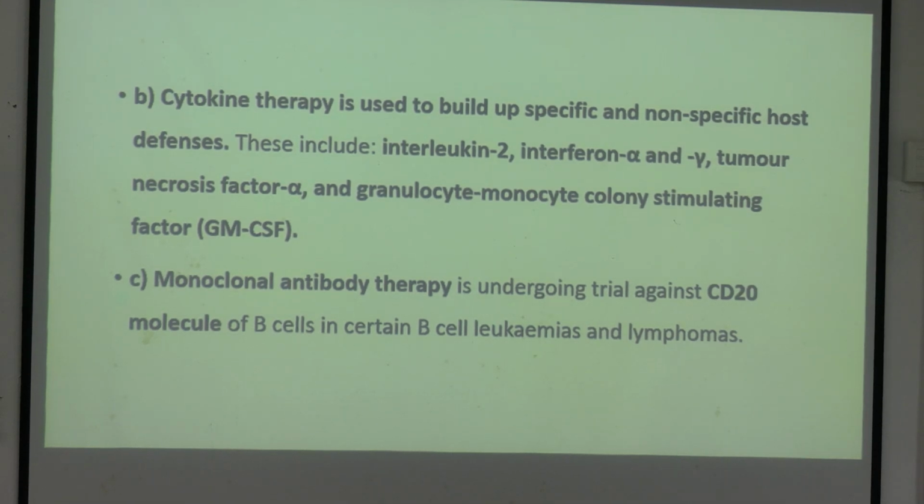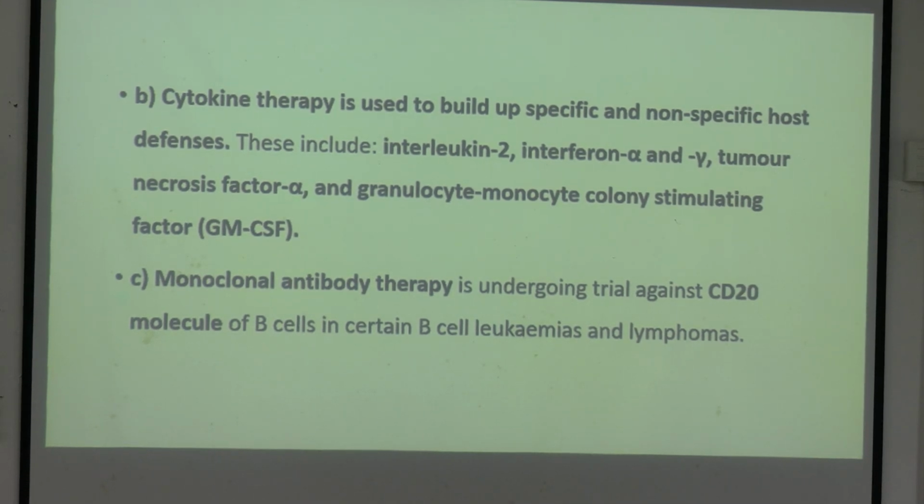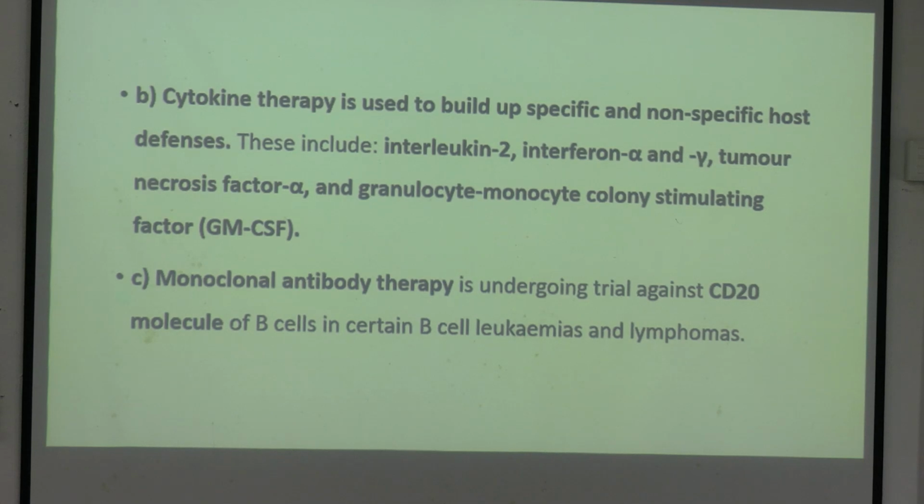Cytokine therapy is used to build up specific and non-specific host defense. These include interleukin-2, interferon alpha, interferon gamma, TNF alpha, and GM-CSF. And monoclonal antibody therapy is undergoing trial against the CD20 molecule of B cells in certain B-cell leukemias and lymphomas.